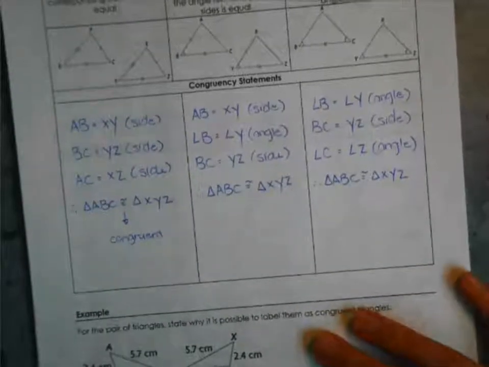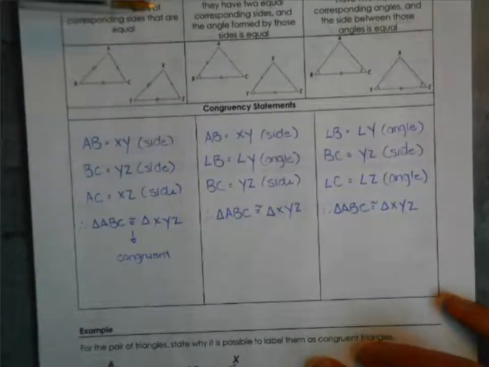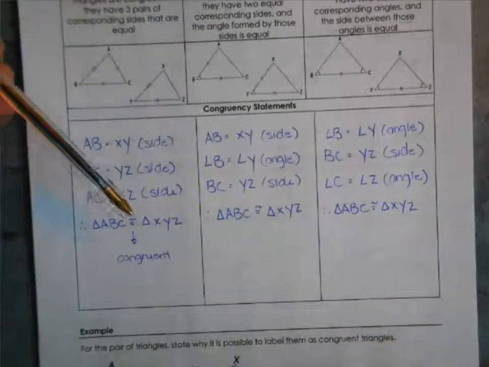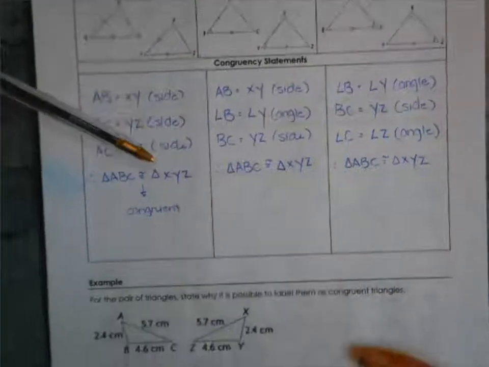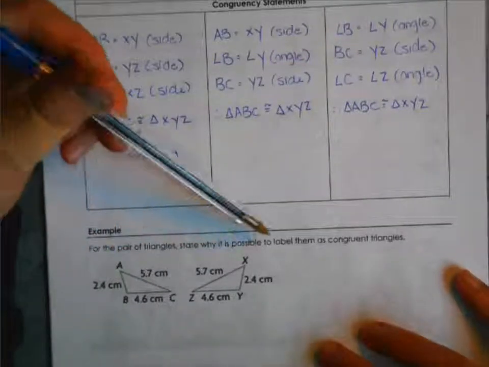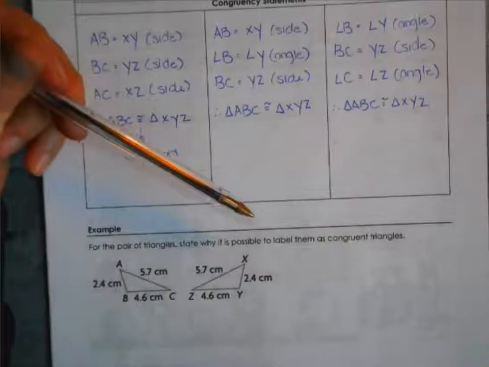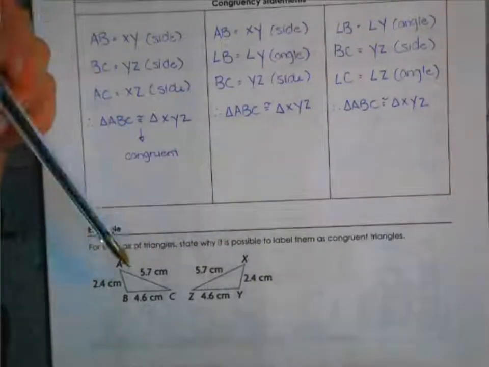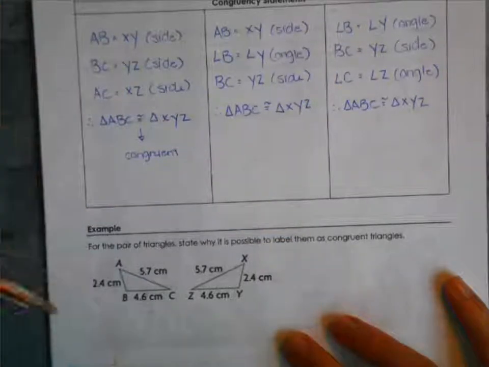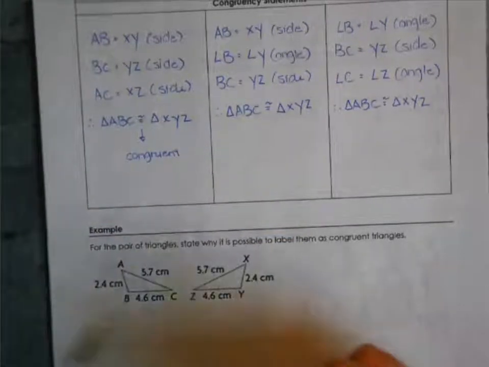Okay, so those are our three proofs that we're going to be using for triangle congruency as we move forward. So let's give an example a try here. So for the pair of triangles, state why it is possible to label them as congruent triangles. So basically we have to come up with a proof of why we could call them congruent. So if we look at the measurements, it's pretty obvious, right?